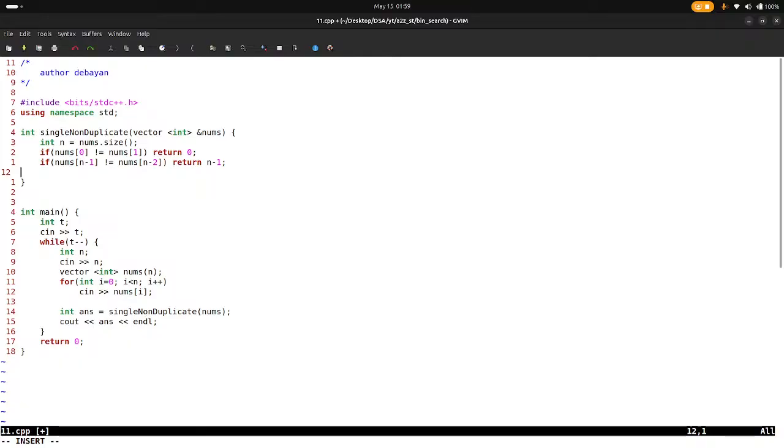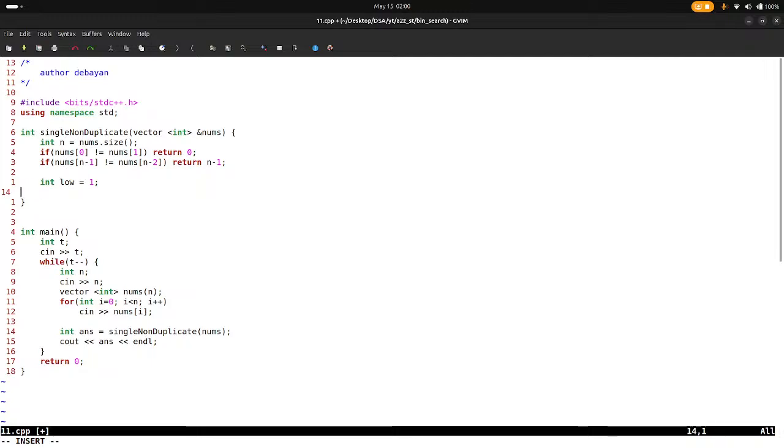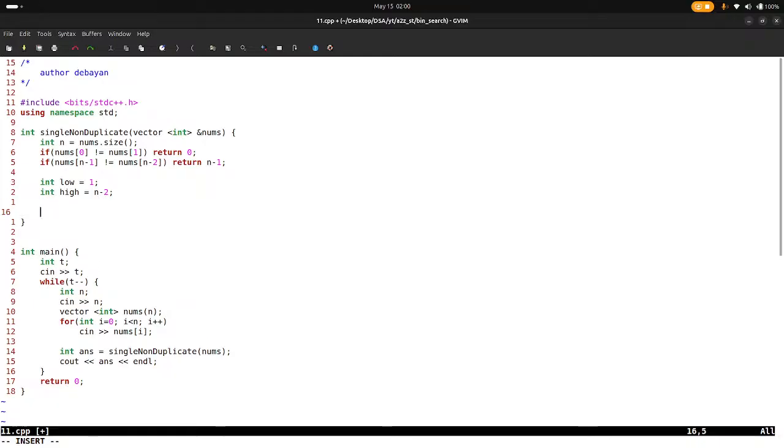Makes sense. Otherwise I will consider low as 1 and high equals n minus 2, one step ahead, and just a simple binary search.